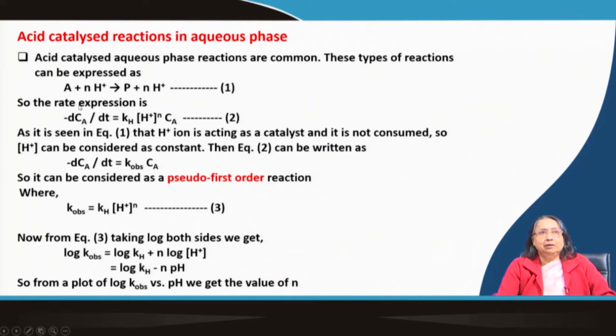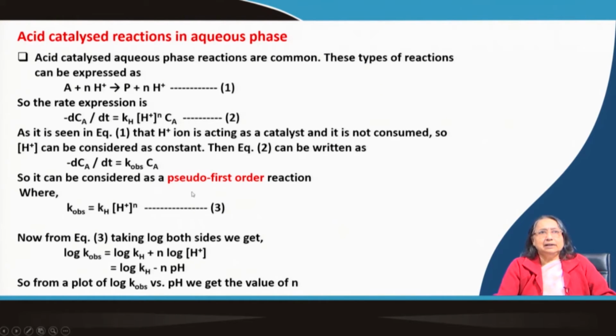Now, if you think about the rate expression, minus dCA/dt is kH, this is the rate constant, times H+ to the power n times CA, but this is the catalyst. As seen in equation 1, the H+ ion is acting as a catalyst and it is not consumed. So, H+ can be considered as constant, then equation 2 can be written as this one. This one and this one can be combined and this is k observed.